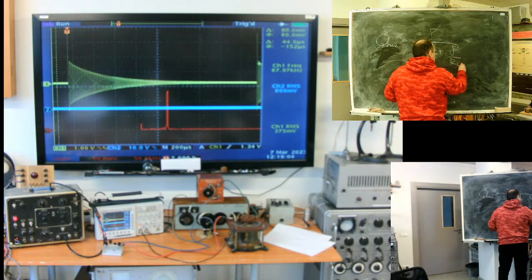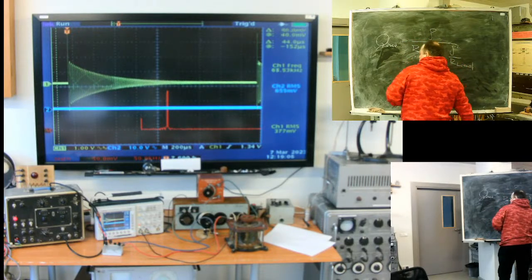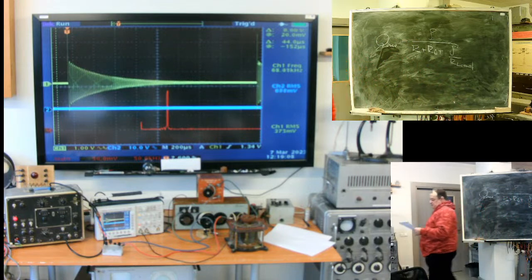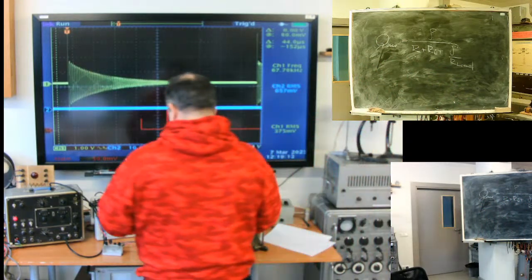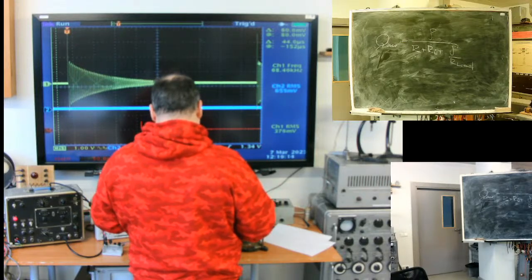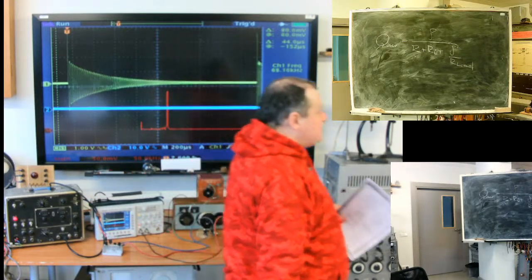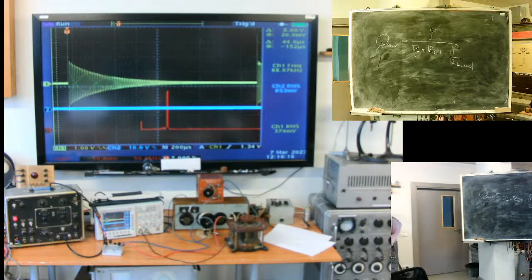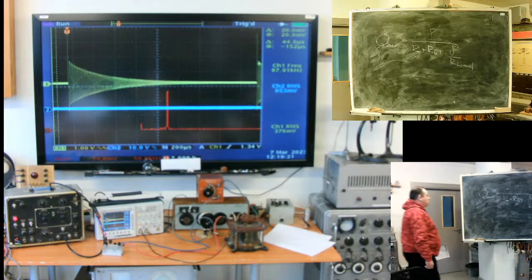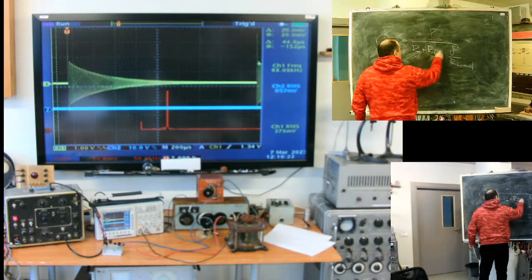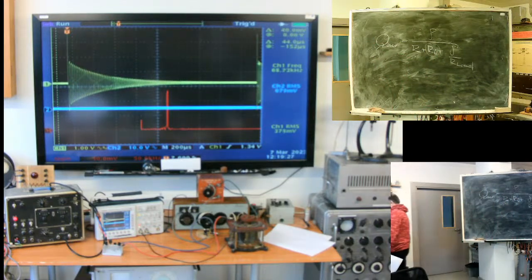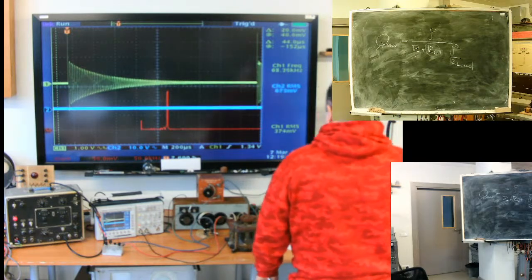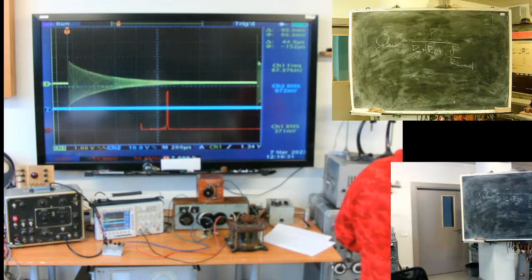This is a load. If we would like to take some energy from the contour, so it is better to use sources with low internal resistance in case of voltage resonance, if we want to use it.